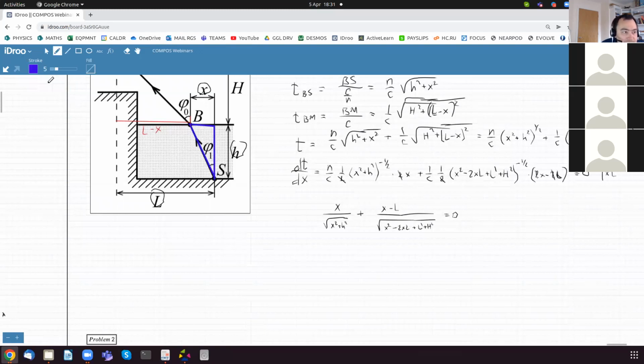We can safely say that sine phi 1 is in fact x divided by the hypotenuse, which is square root of x squared plus h squared. Huh, interesting. That's exactly what this is. This is sine phi 1.